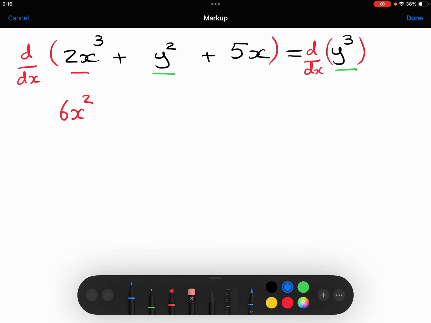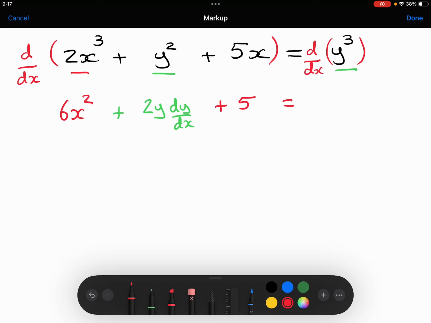And that y term, we're going to differentiate the y squared. So we're going to differentiate that with respect to y, which would be 2y, and then we'll times it by dy by dx. The 5x is going to differentiate easily with respect to x, that's going to be 5.